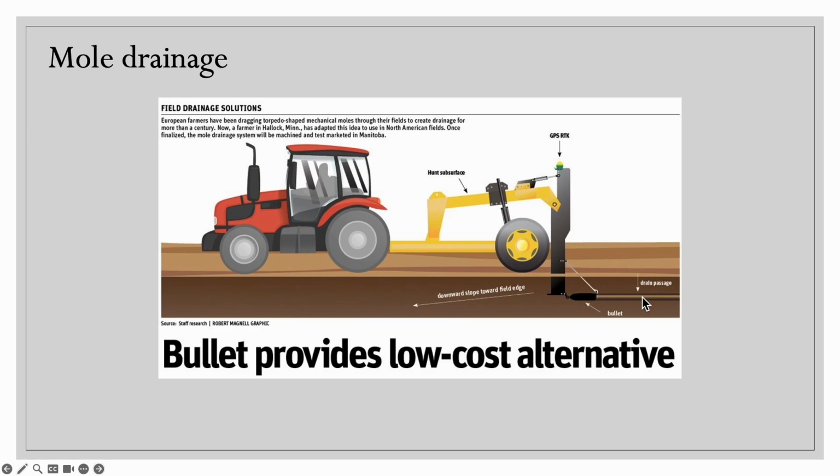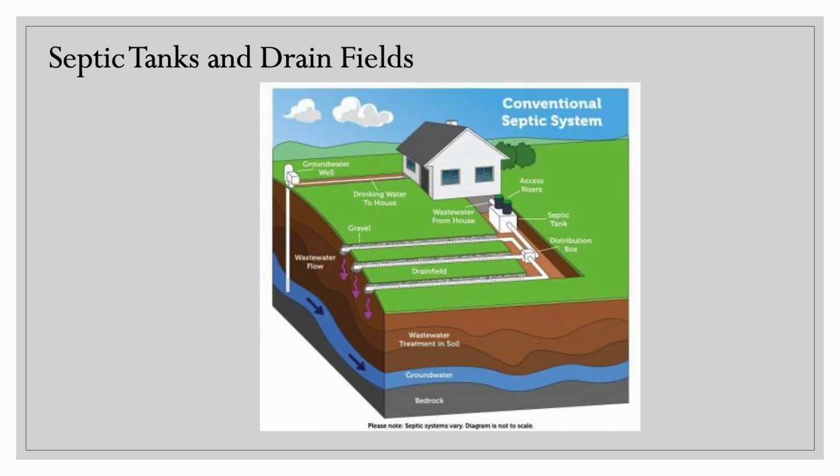And if it collapses, then you're stuck and you have to come back and redo it again anyhow. So mole drainage is probably not going to be very good unless you actually had something like a pipe, which is basically going to be subsurface drainage, that is going to hold the structure of that channel that you're building.